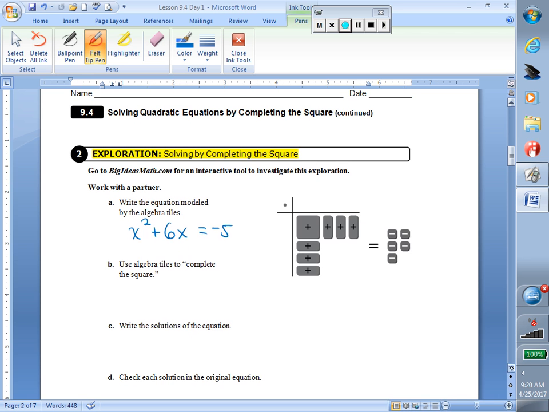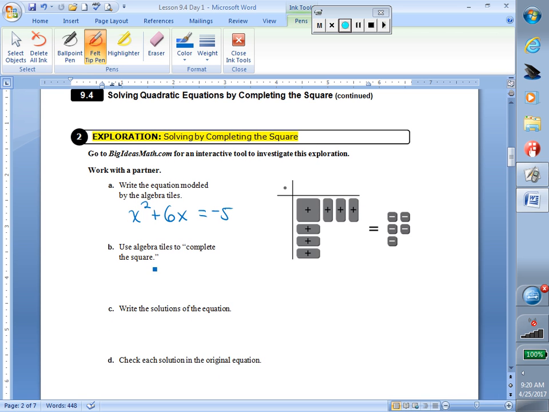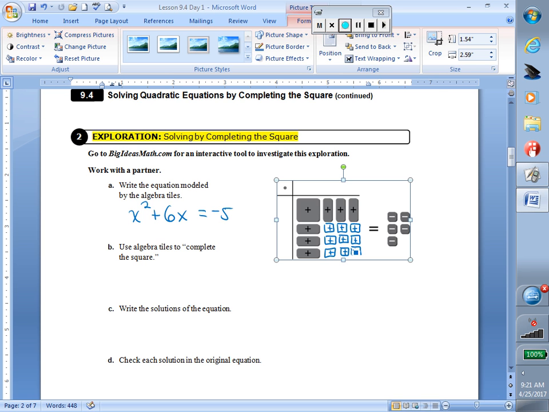So let's take a look at letter B. It says use algebra tiles to complete the square. So I want to make the left-hand side into a square. In order to do that, I have to put in 9 little tiles, and they all need to be positives.